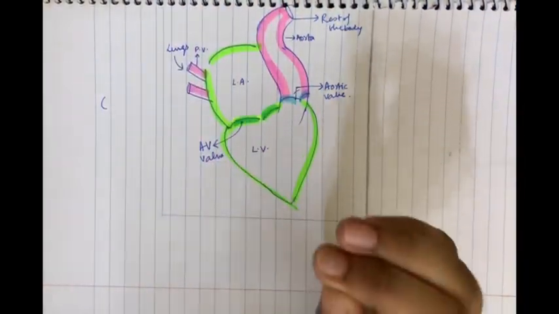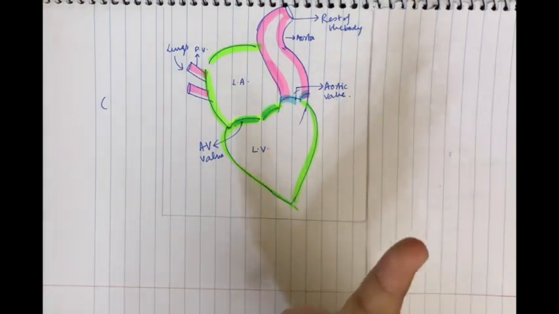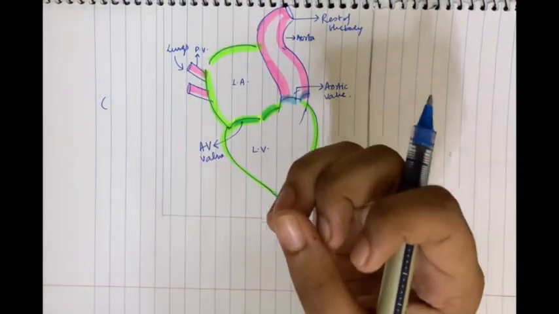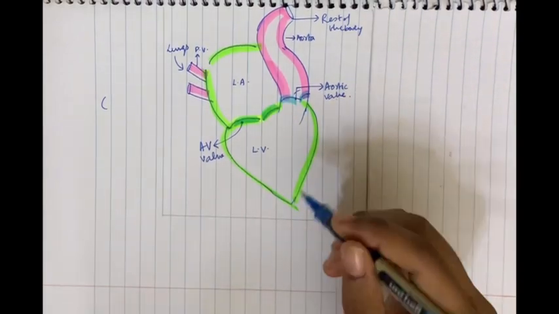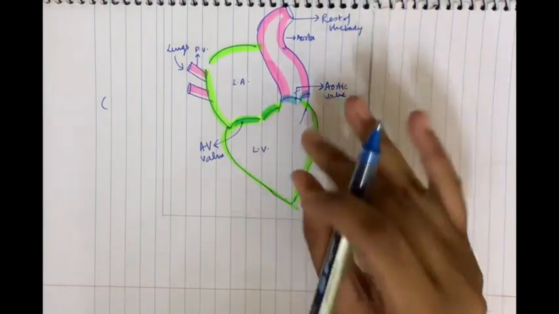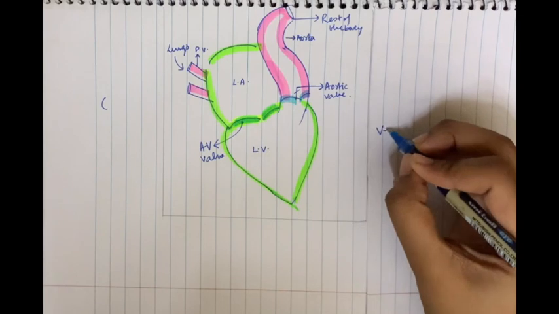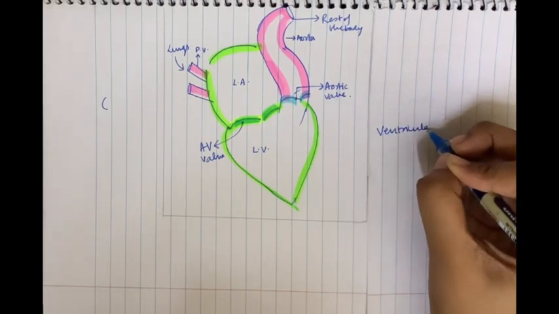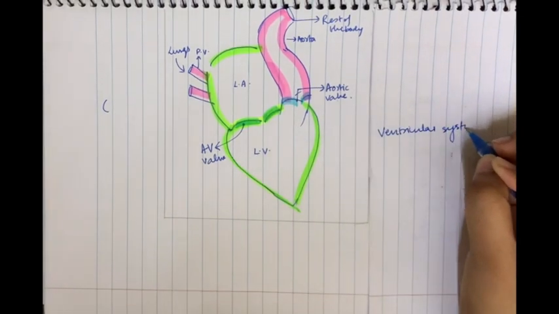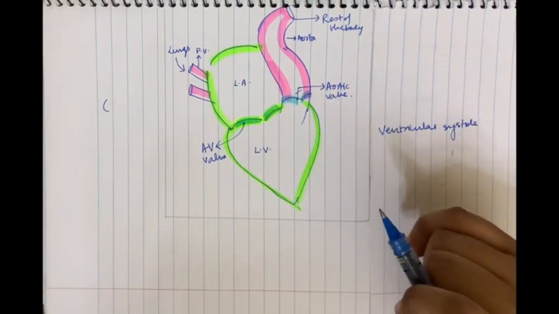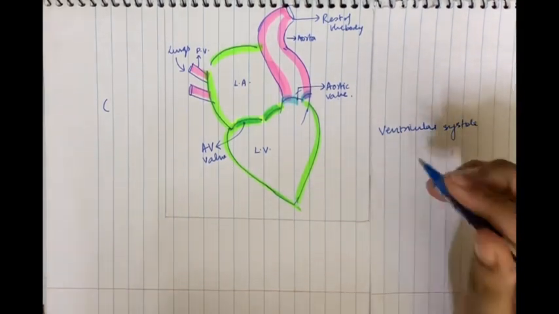Joint diastole means everything is in the phase of relaxation. So let us assume that this ventricle has just contracted. That means ventricular systole has just taken place. Now after this, the ventricle has to relax, right?